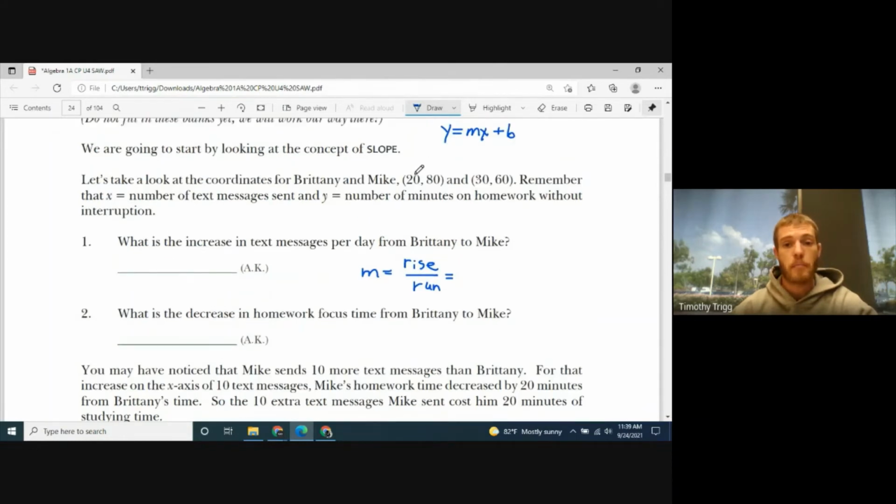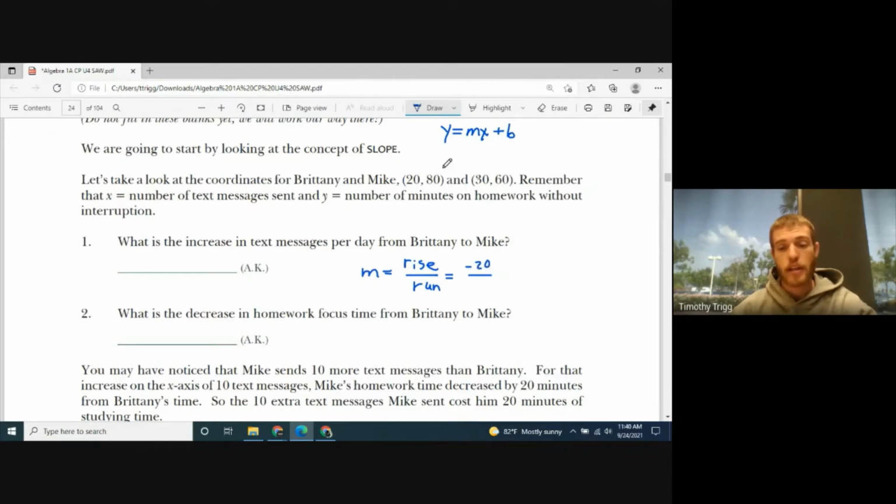If you're going from Brittany's to Mike's, it went from 80 to 60. The rise, that's actually down 20, right? So for the rise, you look at the y coordinates.